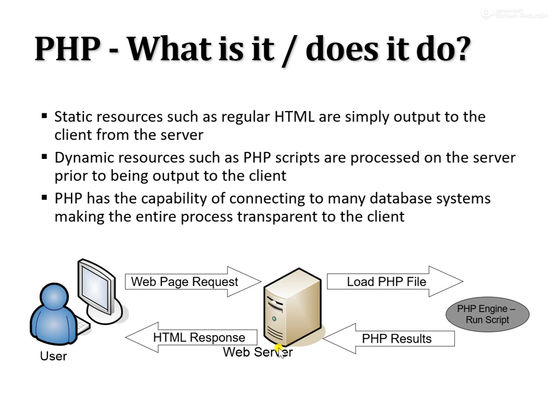The Apache server can send your requested static information to the browser, and the browser can display this information to the user. But dynamic resources like PHP scripts need to be processed on the server before being output to the client.